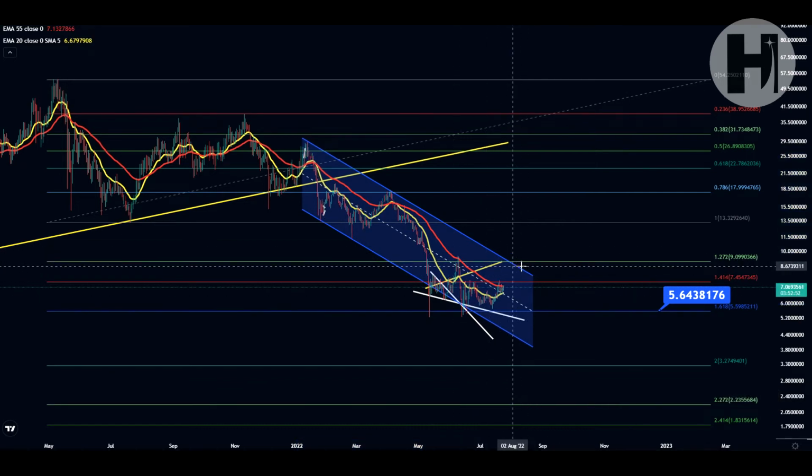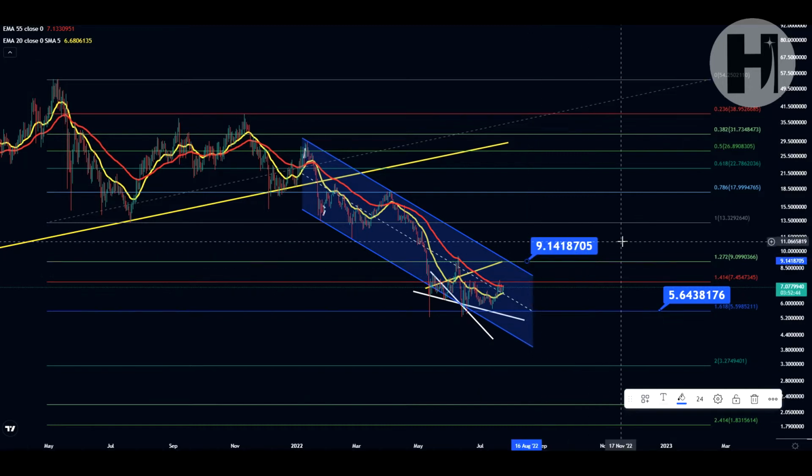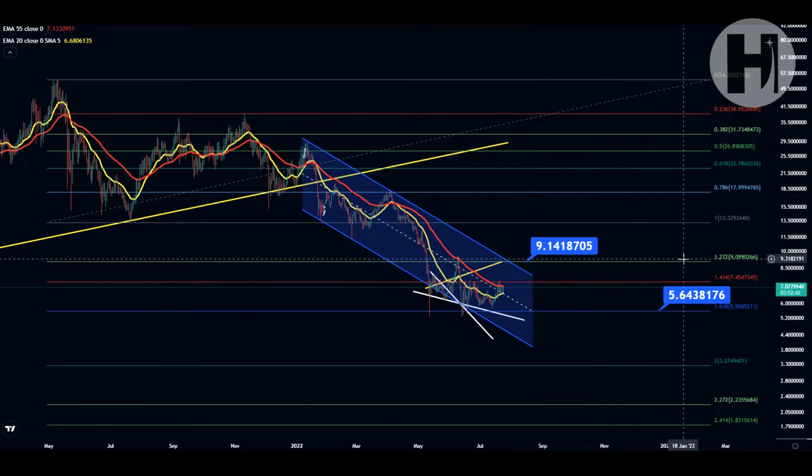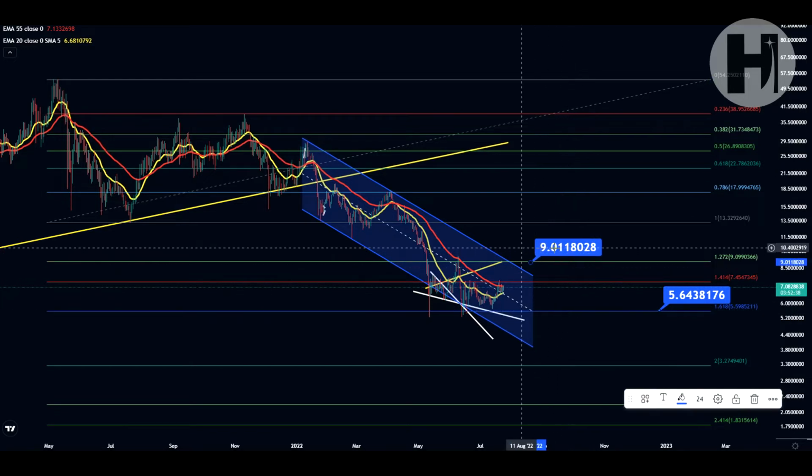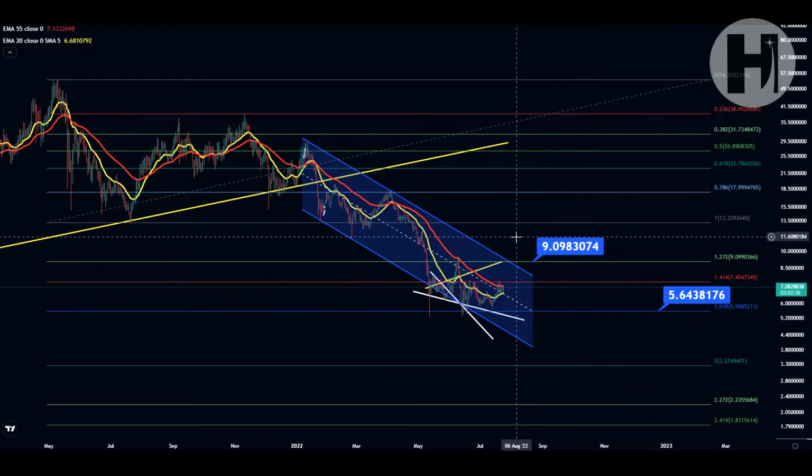And that resistance of the channel for where we are right now perfectly coincides with the 1.272 resistance, which is the 1.272 Fibonacci level at $9.10. That will be a good area for you to take some profits if you're looking to do that, if you're looking to swing trade.